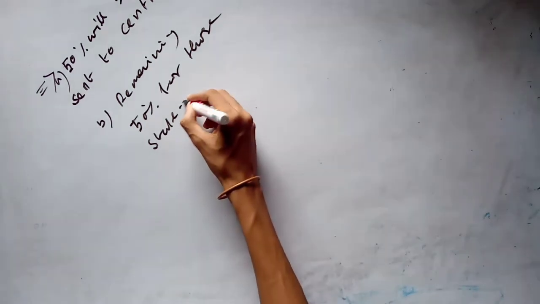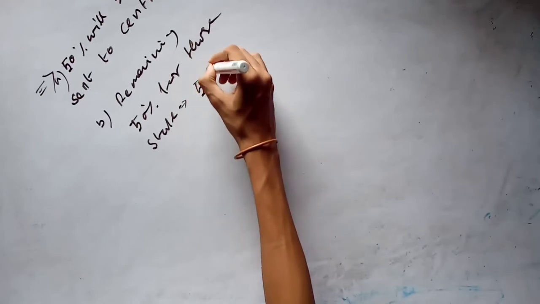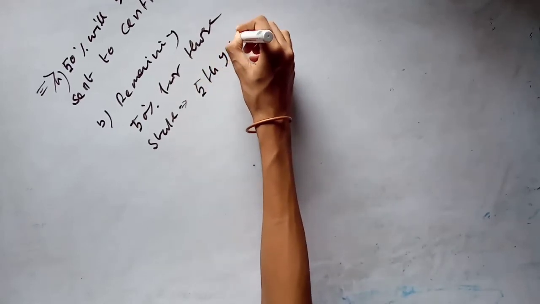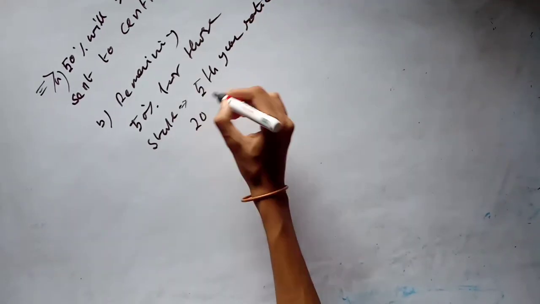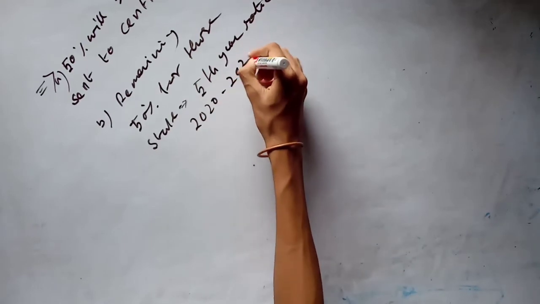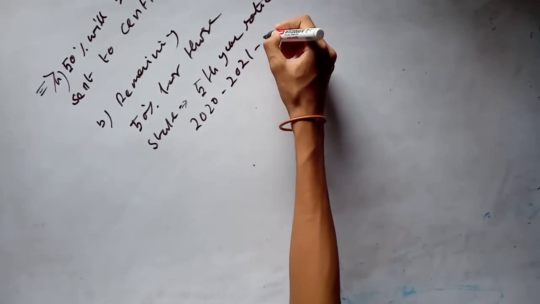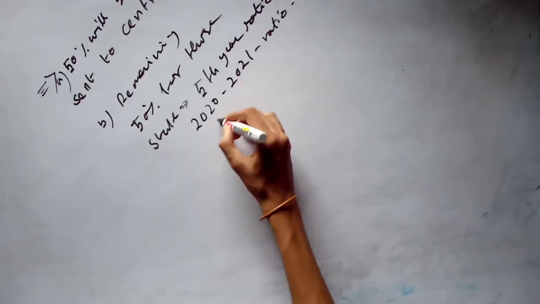So those kinds of states. In which ratio? In the fifth year ratio, as the 2020 to 2021 ratio, the PV ratio of 2020-2021.